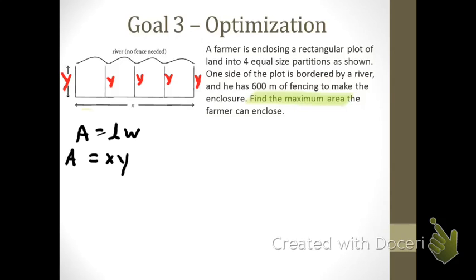In addition to knowing that the farmer is dividing this into 4 equal-sized partitions, we know that he has 600 meters of fencing to work with. That 600 meters of fencing has to include this, plus this, plus this, plus this, plus this, the 5 vertical sides, plus that 1 horizontal side.